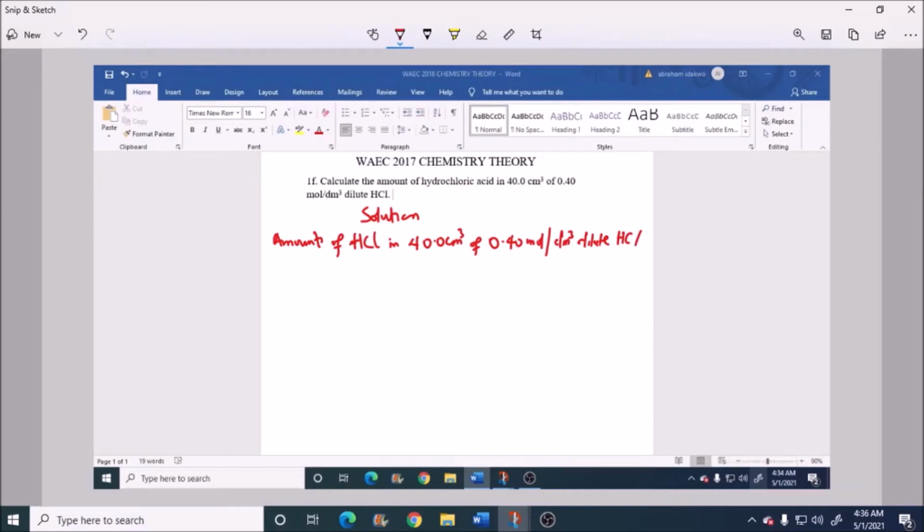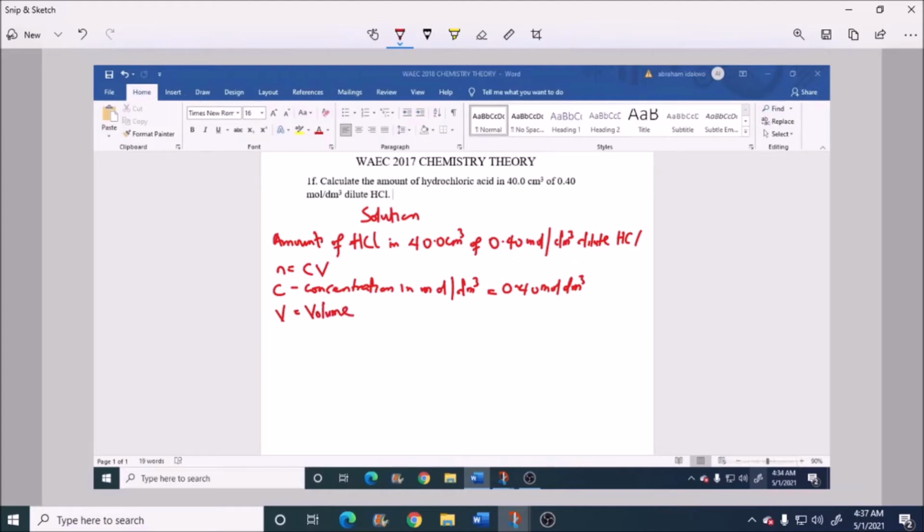Then here the number of mole, that is the amount, is equals to CV, where C is the concentration in mole per dm cube. Then the value given in the question for our concentration in mole per dm cube is equals to 0.40 mole per dm cube. Then the V is equals to volume.